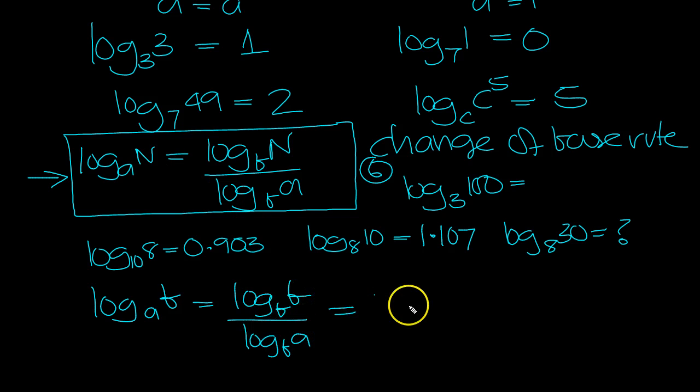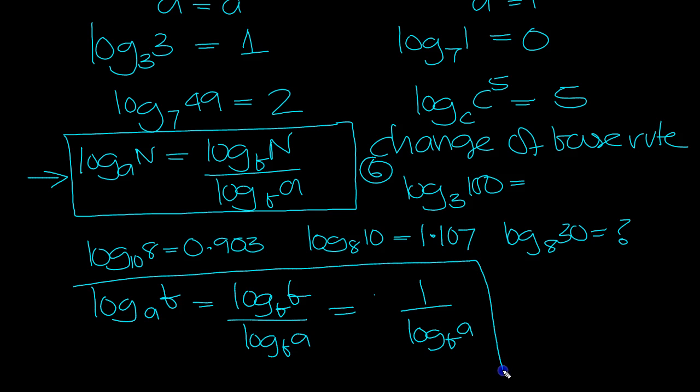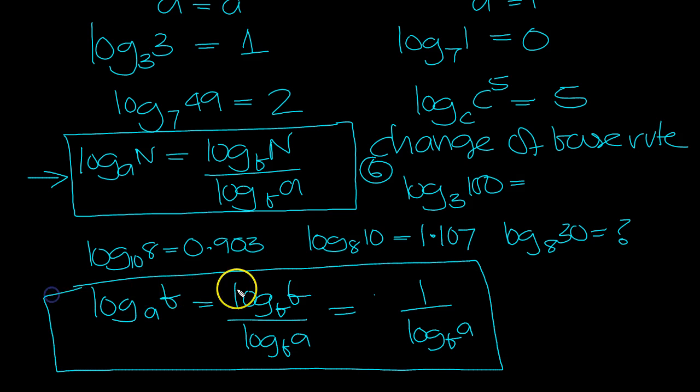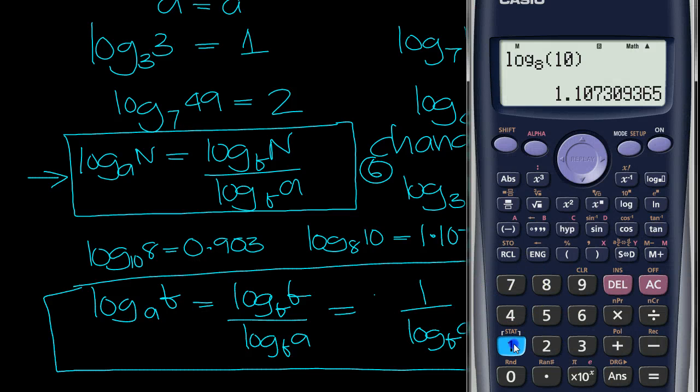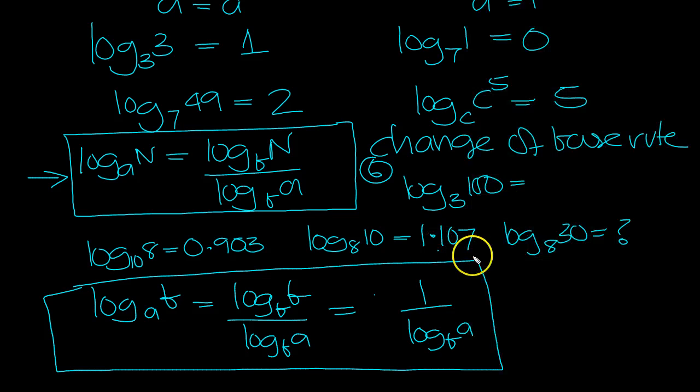And log b of b is 1, so it's 1 over log b of a. So you get this property that follows. All you'd have to do is say log 8 of 10 is 1 over log 10 of 8, and that's our standard log button, log base 10. And you get the 1.107.